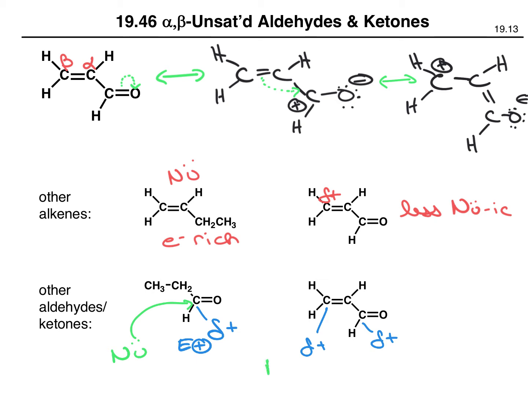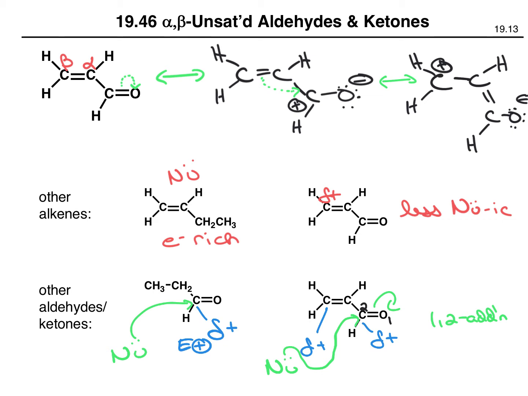Now, it is possible for a nucleophile to share its electrons here, pushing these electrons up onto the oxygen, and this is called 1,2 addition. Because we are thinking about the oxygen as position 1 and this carbon as position 2. It has nothing to do with IUPAC naming, but the carbonyl oxygen is called position 1.